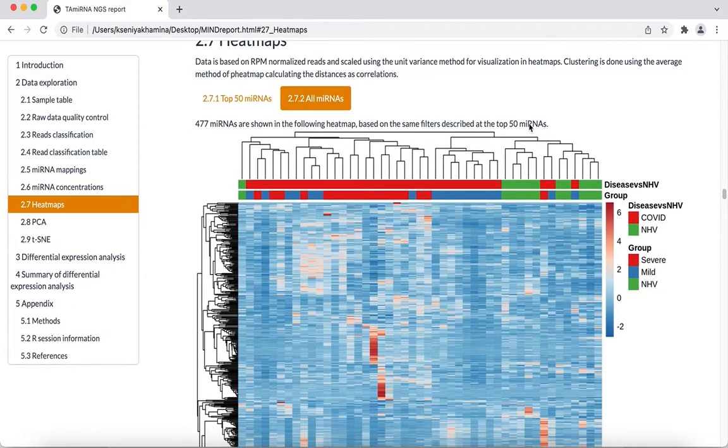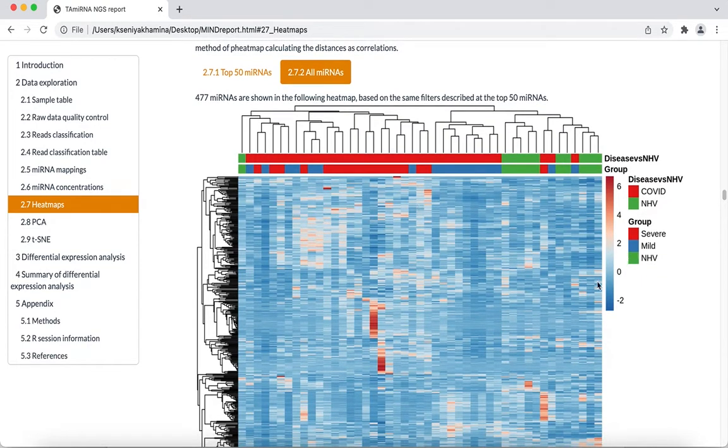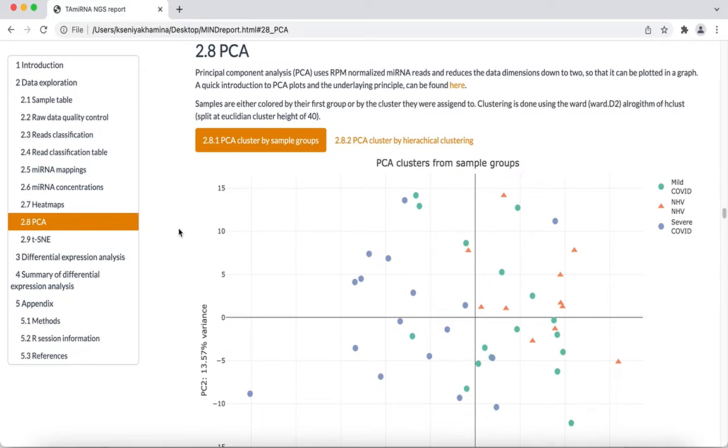2.7.2 This heatmap is based on 477 microRNAs that were identified across the different samples that were analyzed here. 2.8 Principal component analysis, or PCA.